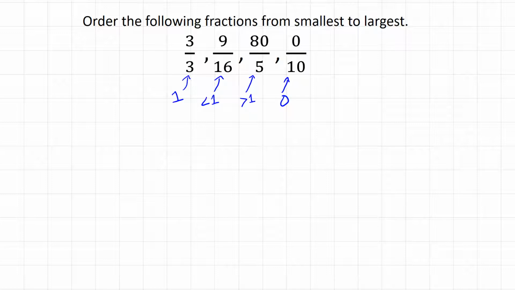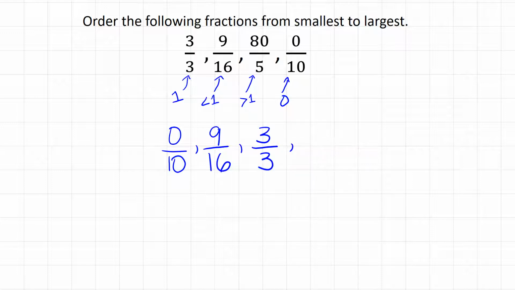Well, the smallest number I have on my new scale is 0. So my smallest fraction is 0 over 10. And then comes, well, the fraction that's going to be less than 1 will be next: 9 over 16. And then next, well, the fraction that's equal to 1 will be my next fraction, 3 over 3.